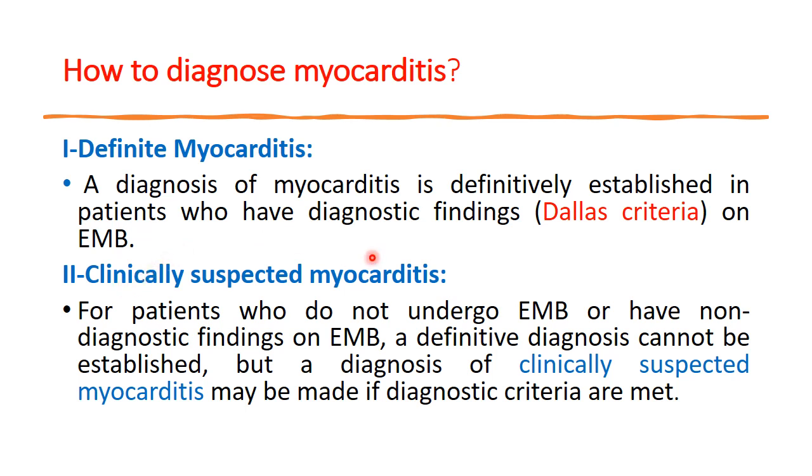What about clinically suspected myocarditis? For patients who don't undergo endomyocardial biopsy or don't have diagnostic findings on endomyocardial biopsy, the definitive diagnosis can't be established, but a diagnosis of clinically suspected myocarditis may be made if the diagnostic criteria are met.